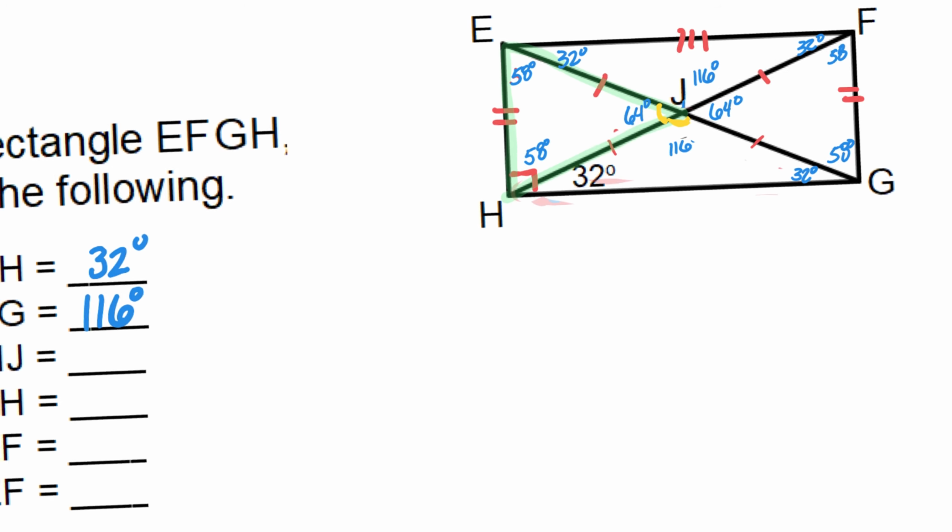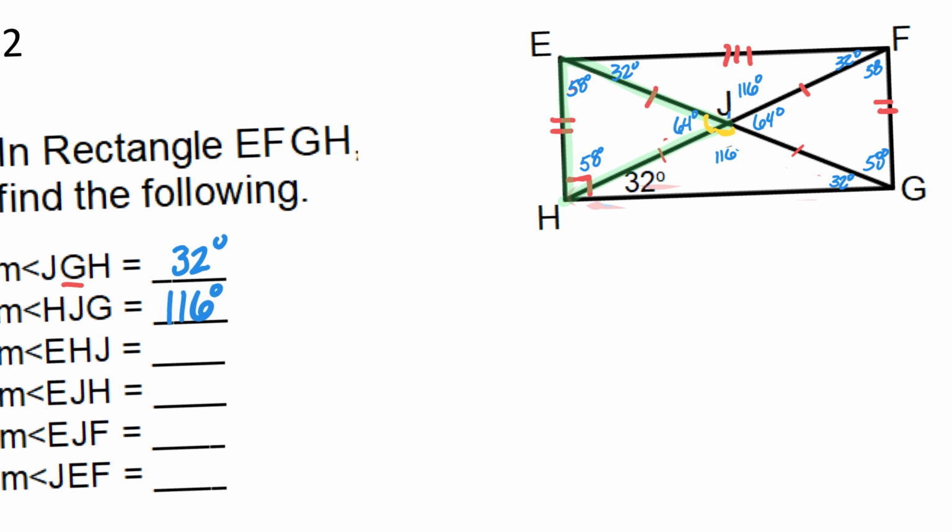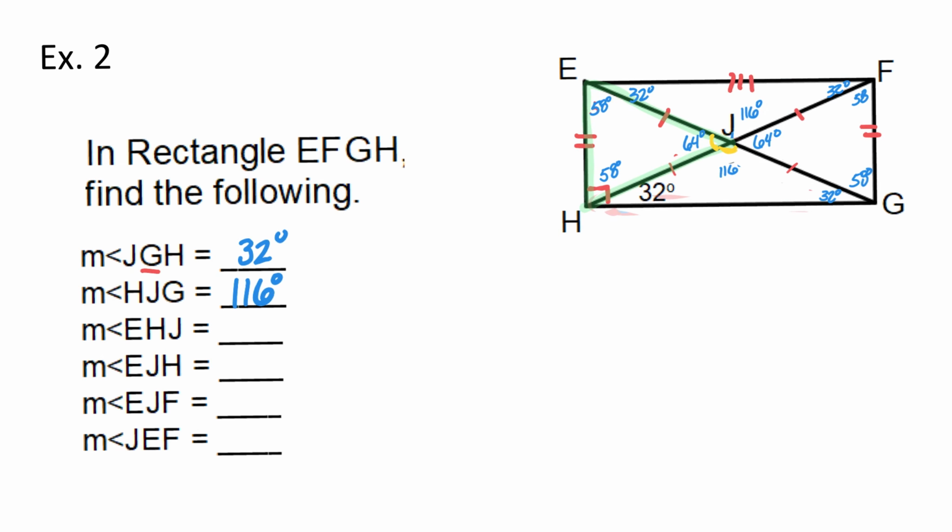All right, now that we've got everything, let's get our answers. So angle E to H to J, EHJ, that would be a 58-degree angle.